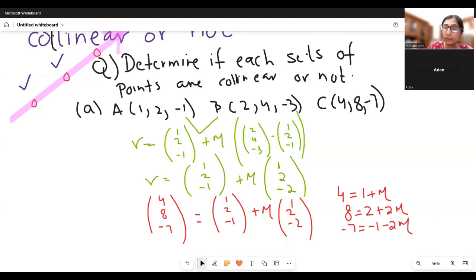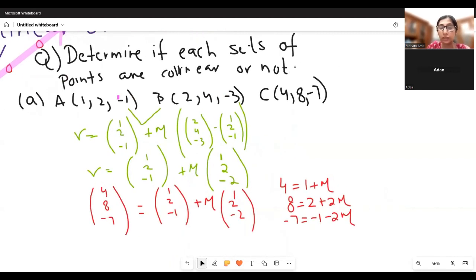Are we getting the same value of mu for each case? For the first one, we're getting mu equals 3. For the second one, we're getting mu equals 3 again. For the third one, we're getting mu equals 3. So yes, the three given points are collinear.